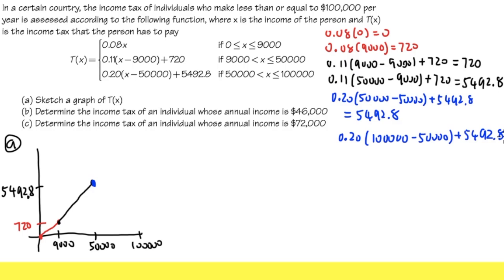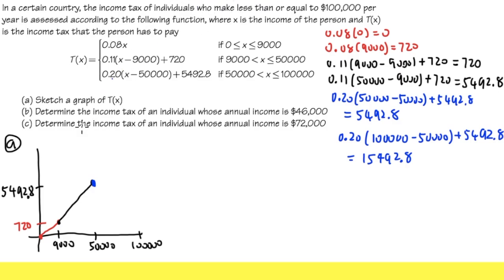Again, for this, we'll just have to do it on the calculator if you would like, and we will end up with a slightly bigger number, 15,492.80. Yeah, so it's actually almost triple the 5,000.